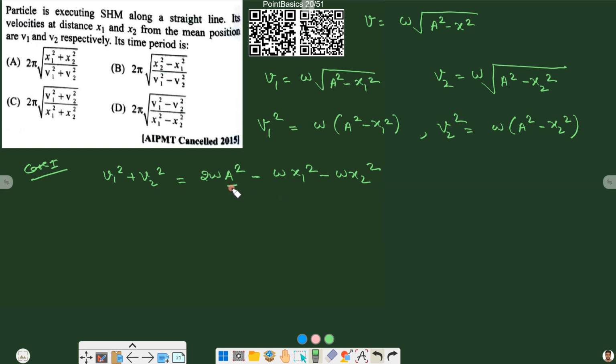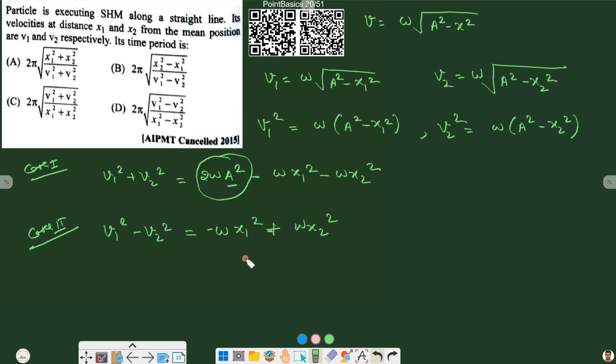So here we are getting the amplitude term and it is not getting cancelled. So we will try using subtraction. Case 2: v1 square minus v2 square. We will get omega square a square minus omega square a square, so this term will get cancelled. What we get is minus omega square x1 square, and negative of the negative term becomes positive, plus omega square x2 square.